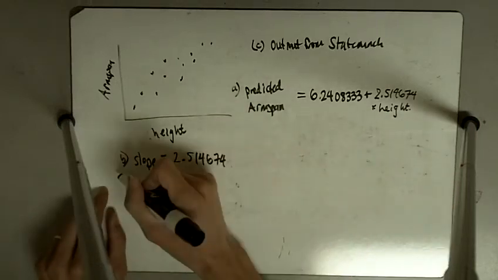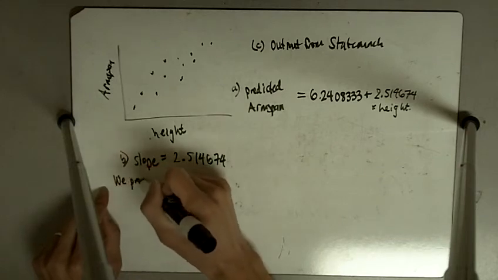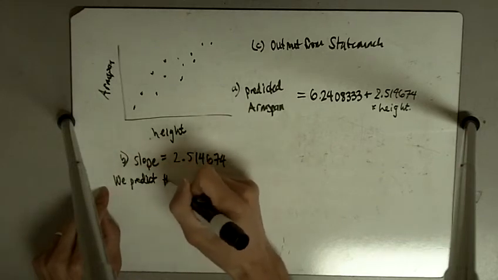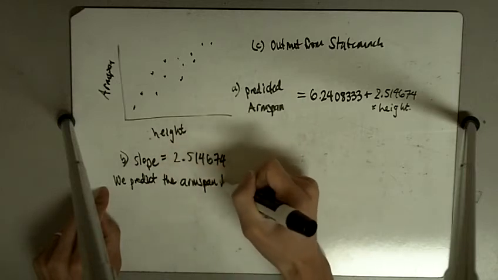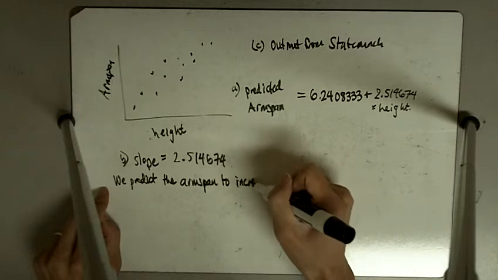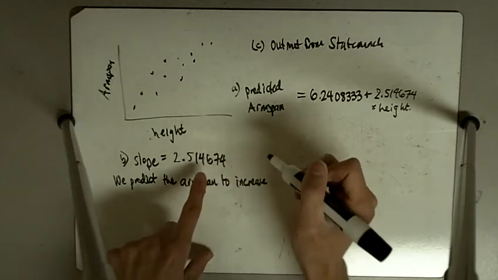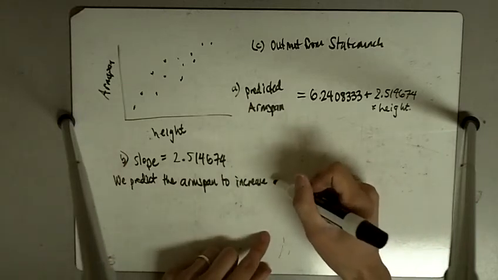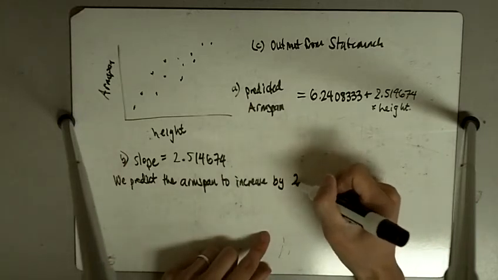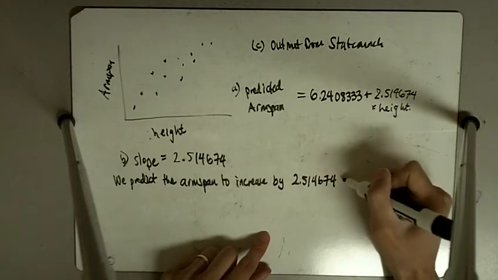So our interpretation here is that we predict the arm span to increase by the amount in the slope. Arm span is measured in centimeters, so we predict the arm span to increase by 2.514674 centimeters.